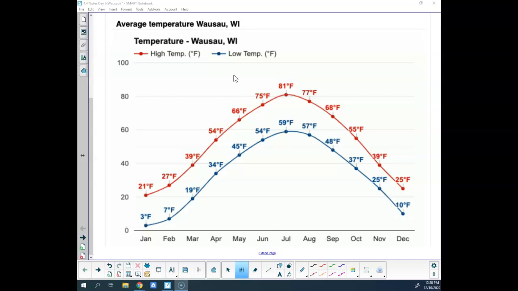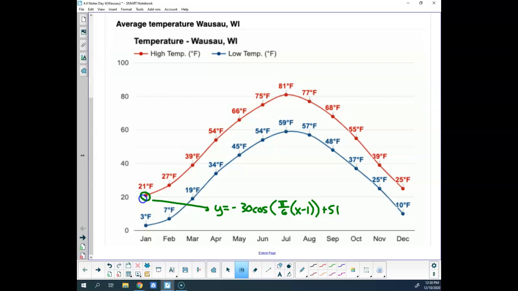So if you would have started here, that one would be y equals negative 30 times the cosine of pi over 6 times the quantity x minus 1, then plus 51.